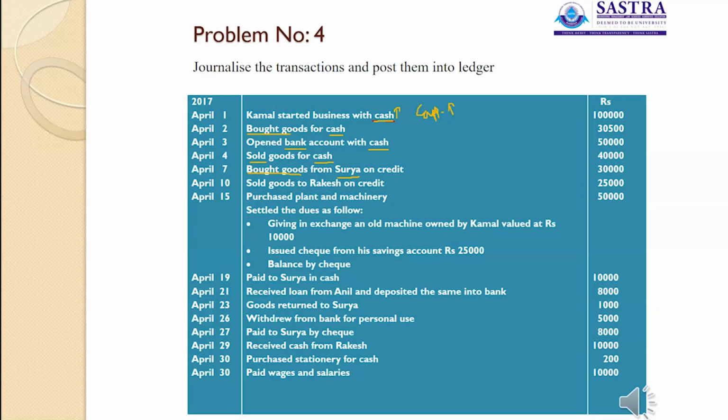Rakesh account and sales account. April 15, purchased plant and machinery. Plant and machinery account debited.